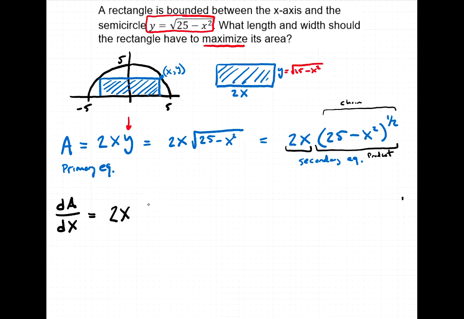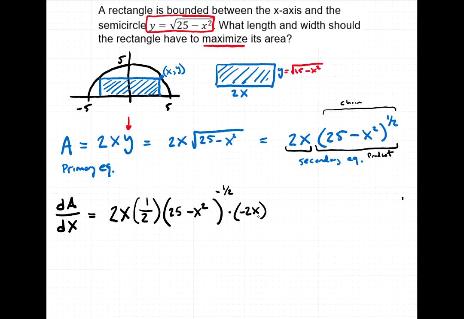And the derivative of the second is, according to the chain rule, well, the power comes out front, drops by 1, inside stays the same, times the derivative of the inside, the derivative of 25 is 0, and the derivative of the negative x squared is a minus 2x.